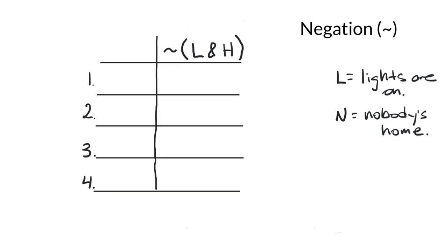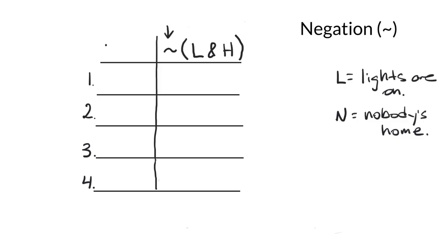So let's see how this truth table is going to work out for the whole negated statement. So our first indication of how this is going to work out is that we need to recognize that the main operator of this whole statement is the tilde. It's the negation symbol.